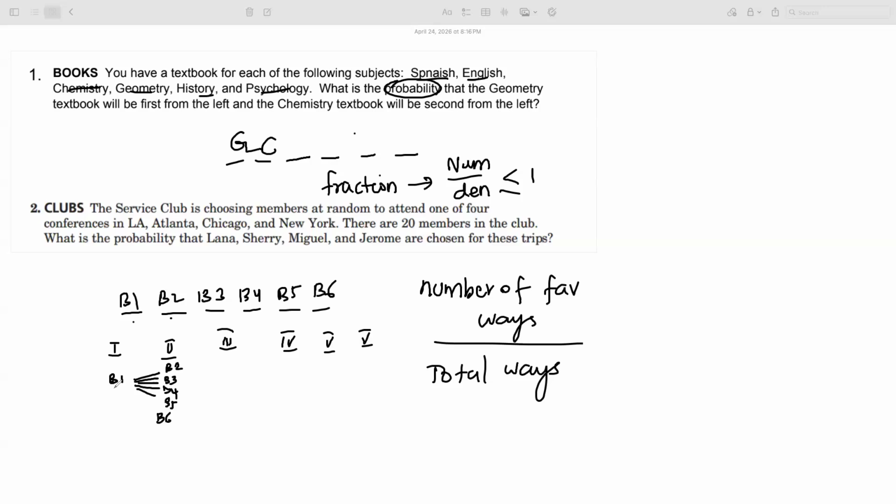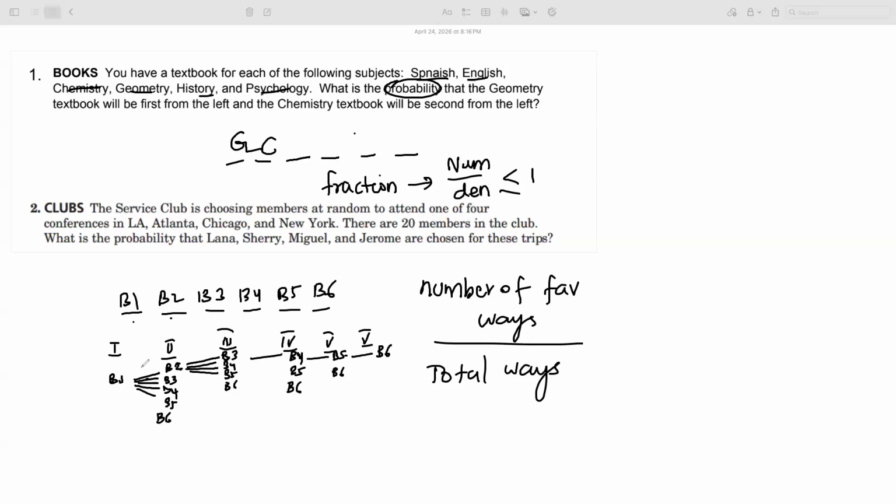Suppose first slot is B1, second slot is B2, what can the third slot be? B3, B4, B5, B6, correct? Again, B1, B2, B3 are the 3 slots. What can be the fourth slot? B4, B5, B6, correct guys? If B1, B2, B3, B4 are the first 4 slots, still it can have B5 and B6, correct? B1, B2, B3, B4, B5 are there. The 6th slot has to be B6. Any questions here?